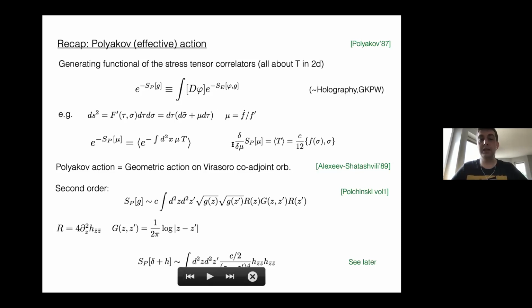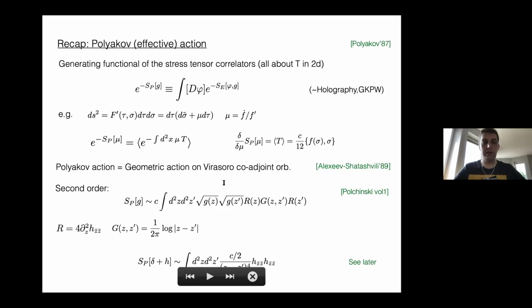And if you take the derivatives of the Polyakov action with respect to mu, this gives you the 1-point function in this gauge. That is the standard 1-point function, say in a diffeomorphism of the vacuum, that is proportional, with the central charge, to the Schwarzian derivative of this function f. This is a 1-point function.